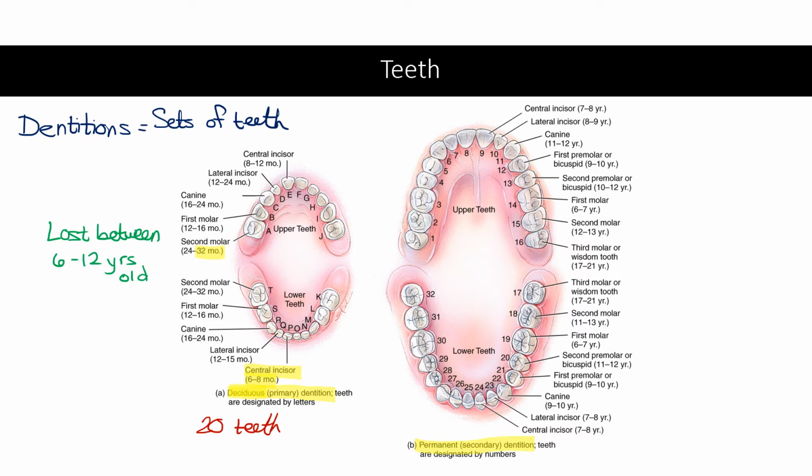Now, the permanent dentition contains 32 teeth, and these will erupt between the ages of about 6 to 7 years old, with our first molar here at about 6 years old, and they will continue to erupt from 6 to adulthood. Usually here are our wisdom teeth. If you don't have your wisdom teeth taken out, generally they will erupt from your gum line between about 17 to 21 years old.